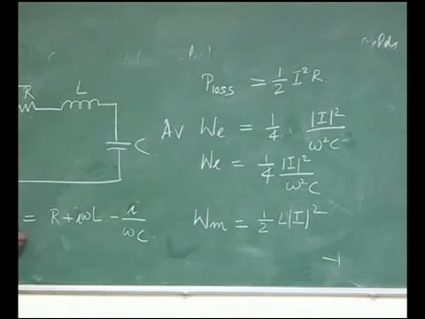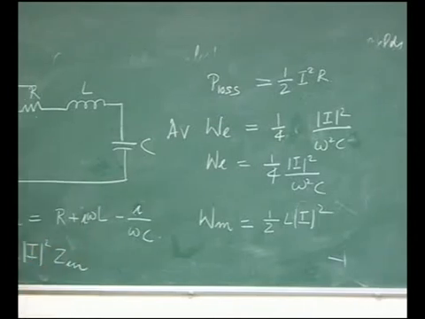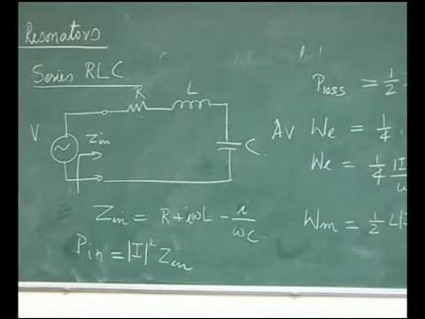So from here I can write that input power P input should be equal to mod of I square into Zn. Okay.